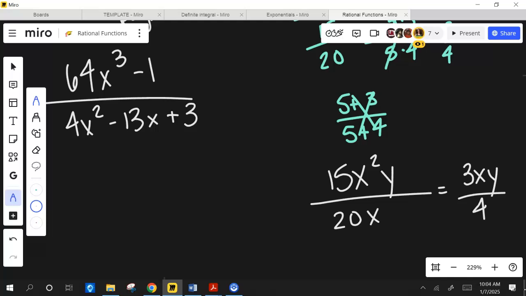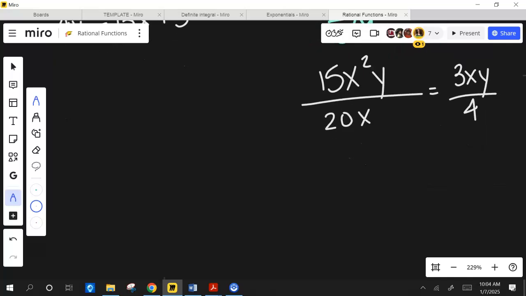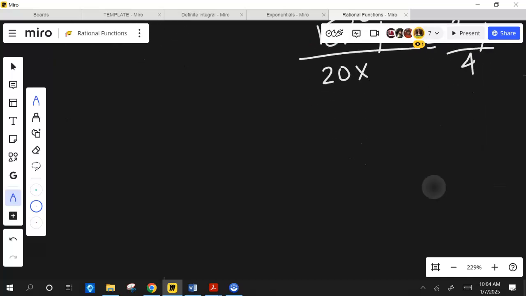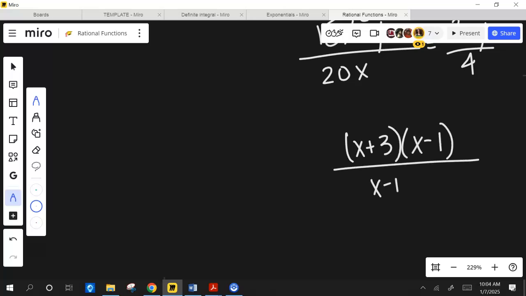Rational functions take this even a step further. And I'm coming back to that problem, so don't leave it too far. What if I had this, and I asked you to simplify? Could you simplify? What are you going to take out?